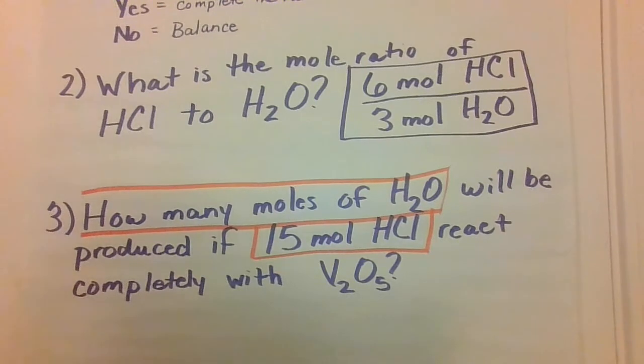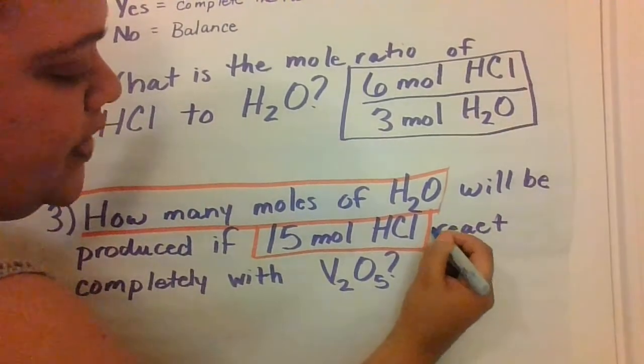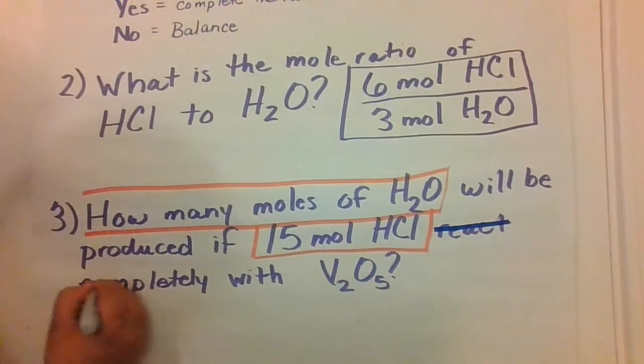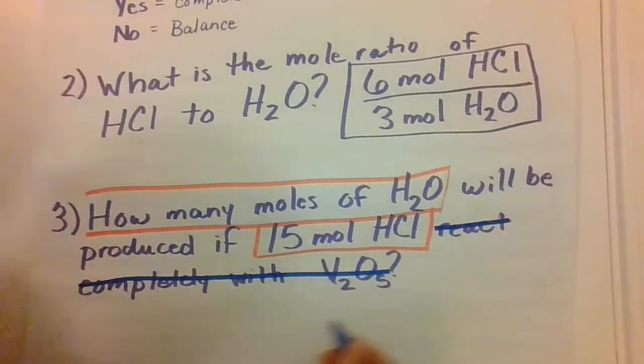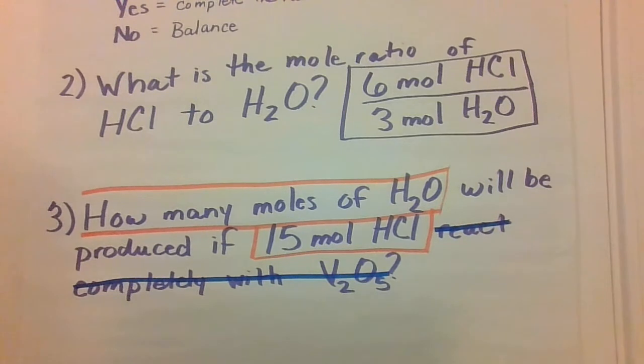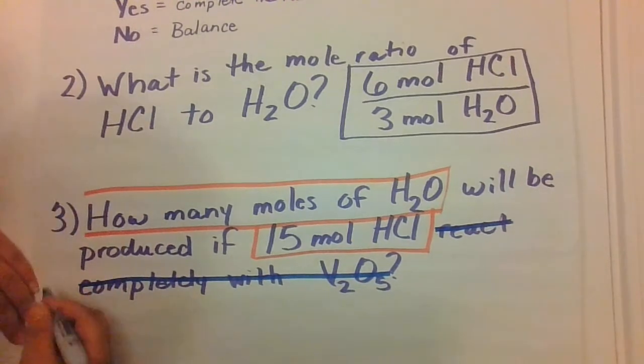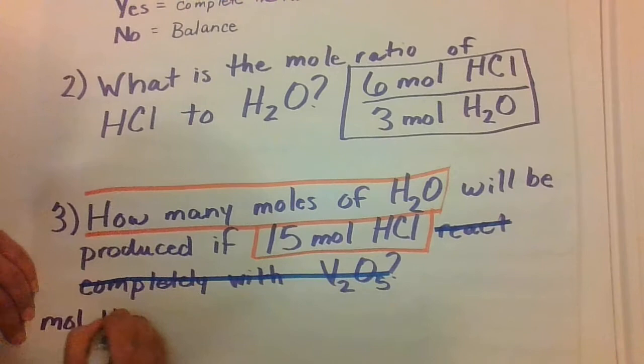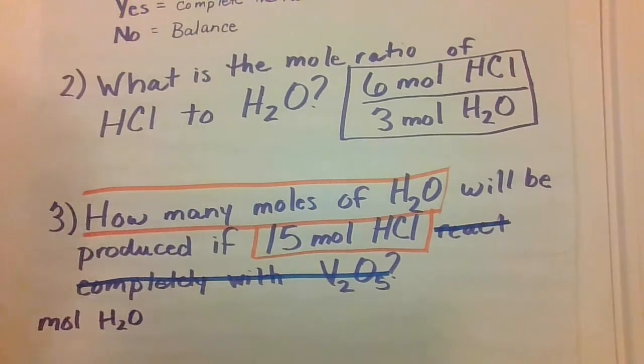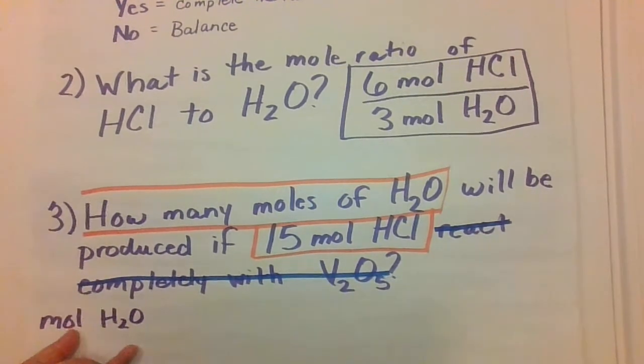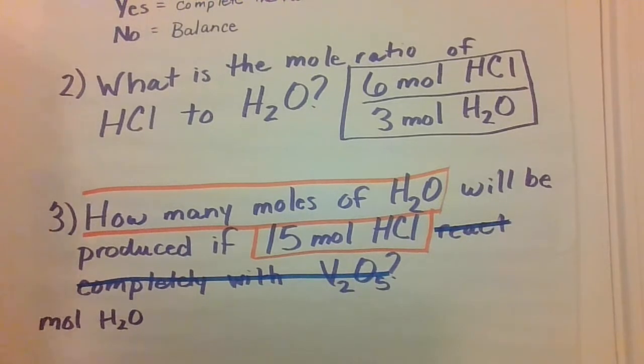So in this sense, I want us to look at the words "react completely with V2O5" as distractors. Those are not necessary because the question is asking us for the moles of H2O. So that is what our DA problem is going to solve for.